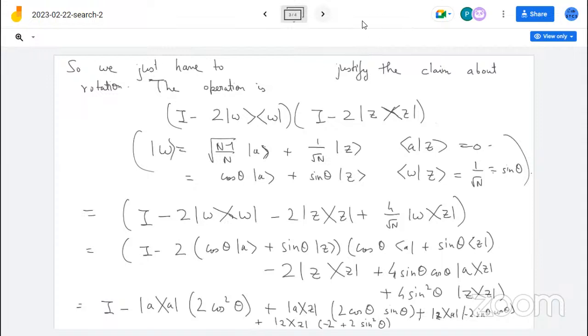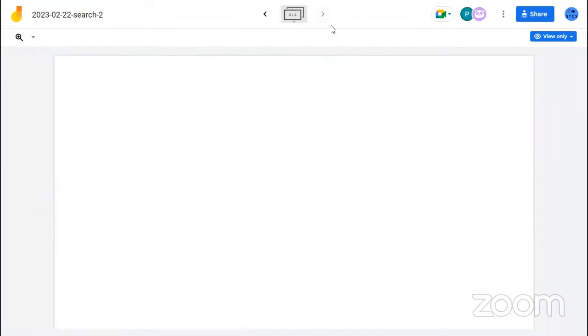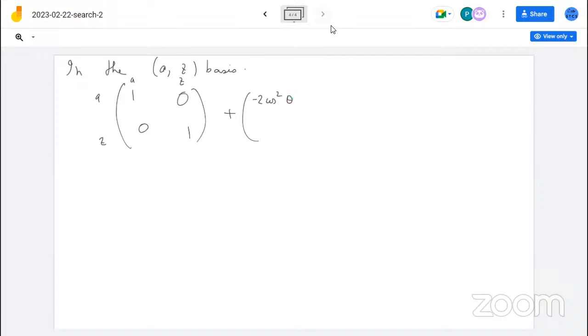So there's the identity. In the AZ basis, identity plus, let's say A is this, Z is this: minus 2 cosine square theta, 2 cosine sine, sine 2 theta, minus sine 2 theta, and here it was minus 2 plus 2 sine square theta.